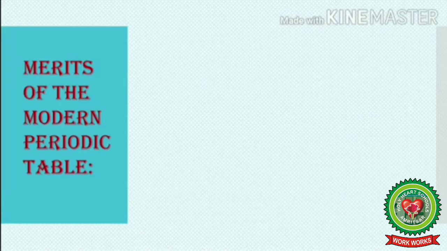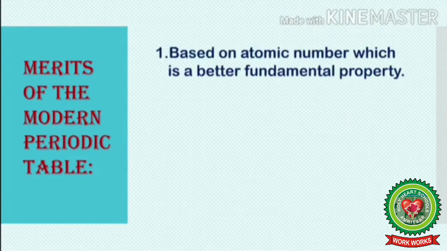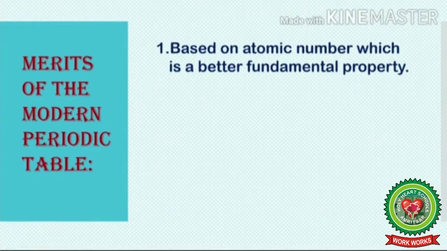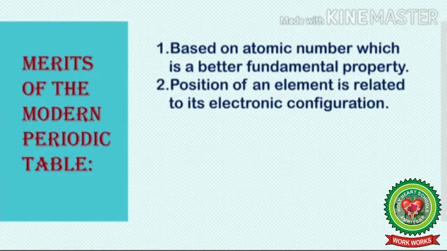Now let us discuss the merits of the modern periodic table. First merit is that it is based on atomic number, which is a better fundamental property than taking atomic mass as the basis of classification.